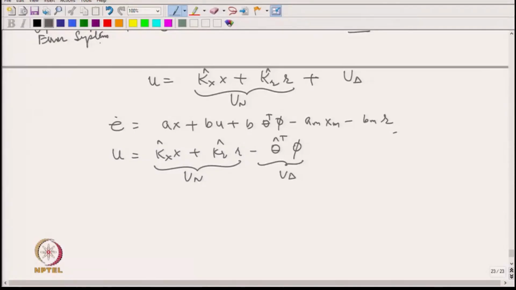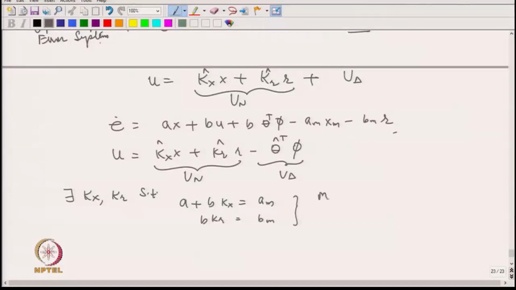Okay. So, for the nominal case, it's a simple case of MRAC. So, we consider that there exist ideal k x and k r such that a plus b k x is a m and b k r is equal to b m.